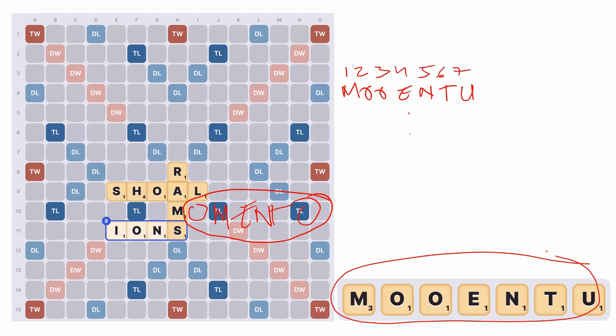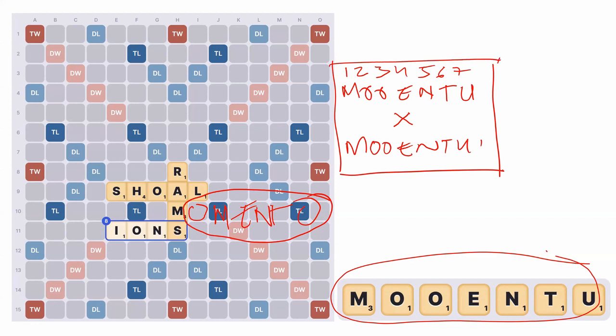And you use this to generate as many combinations possible of M, O, O, E, N, T, and U. So ये तो आपका वर्ड जनरेशन का एल्गोरिथम हो गया. लेकिन जब आप इसी चीज को, इसी कैलकुलेशन को, इसी पीस को स्क्रैबल के वाइडर लेंस में देखें and you think in terms of actors that are present on this specific screen, तो कौन कौन से कैरेक्टर्स हैं, कौन कौन से एक्टर्स हैं that play a role?